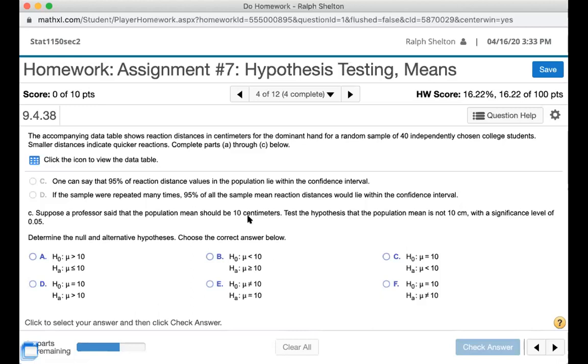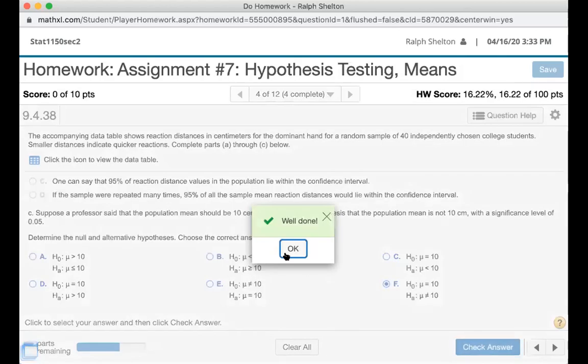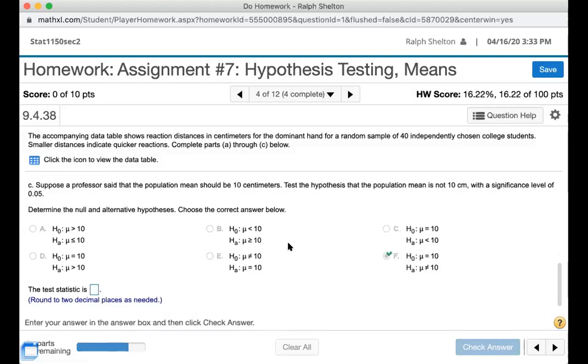So that means it's a two-sided test, a two-tailed test, tested at the significance level of 0.05. Determine the null and the alternative. So the null, we have mu equals 10. The alternative is mu is not equal to 10. And that's down here in F. Okay. Check answer. We're good there.